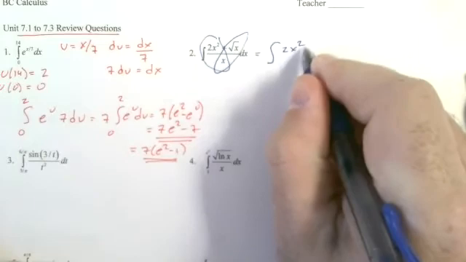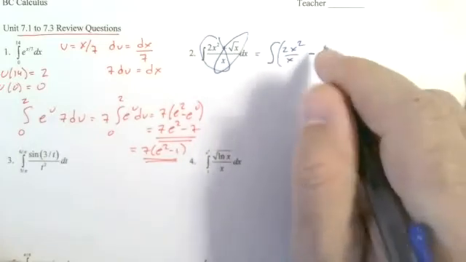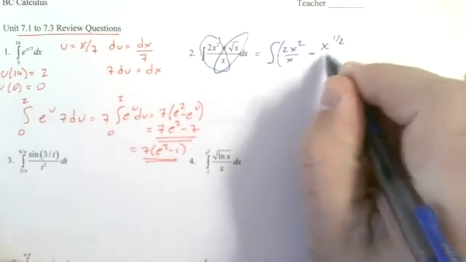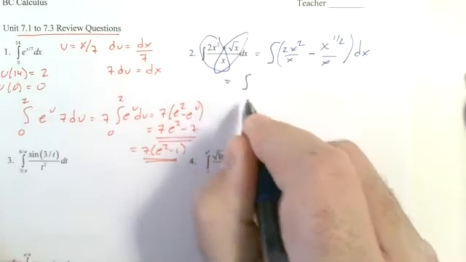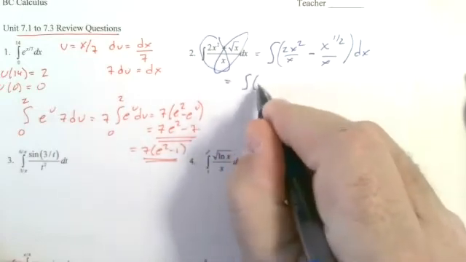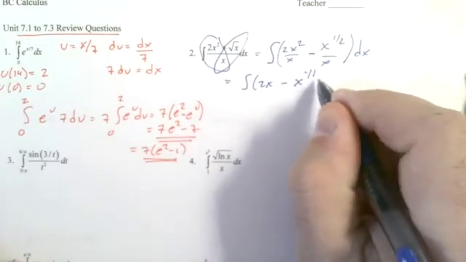So 2x squared over x minus x to the 1/2 over x, which is 2x minus x to the negative 1/2.